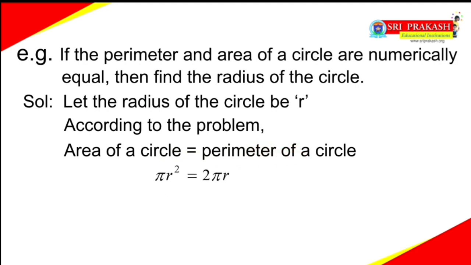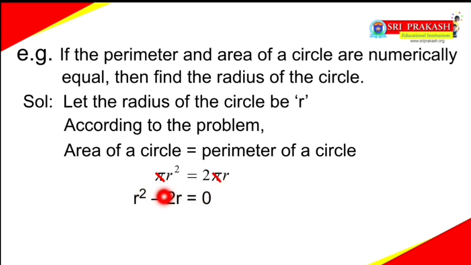Then we get pi r squared is equal to 2 pi r. Now let us cancel pi from both the sides. Then it remains r squared is equal to 2r. Now let us shift 2r from RHS to LHS. Then we get r squared minus 2r is equal to 0.